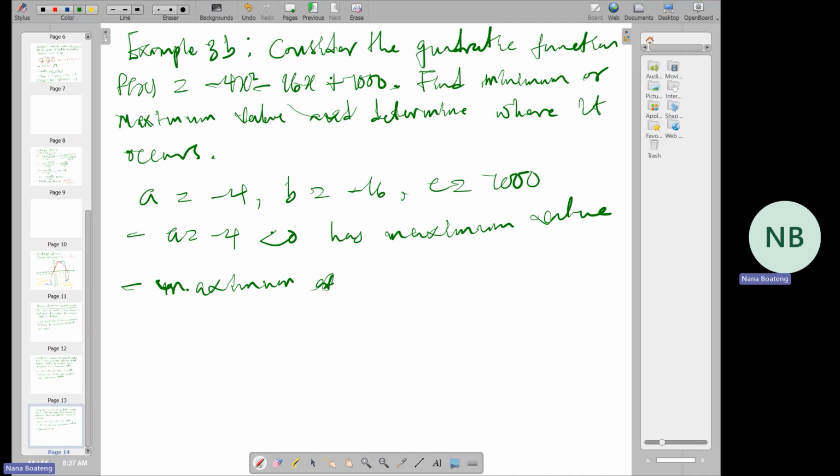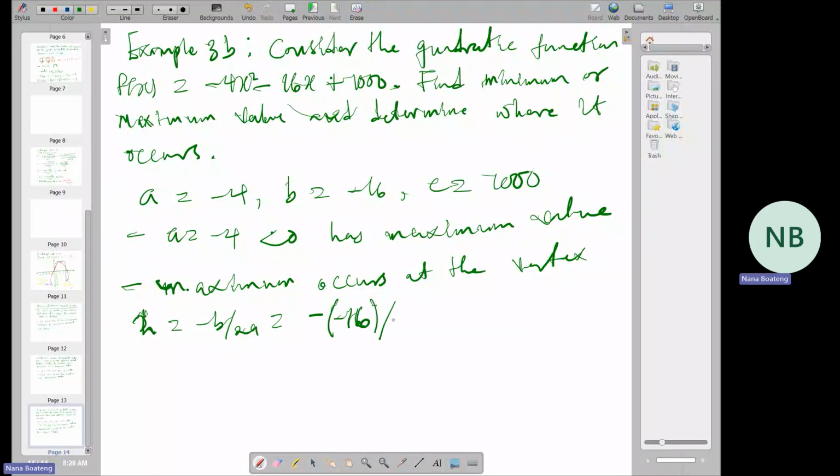So since this is a maximum point, the vertex point's x part, or let me write it as h, is equal to minus b divided by 2a, which is equal to minus negative 16 divided by 2 times negative 4.